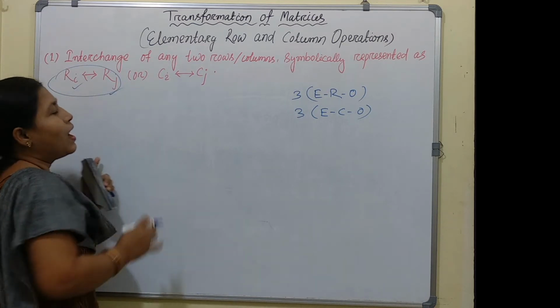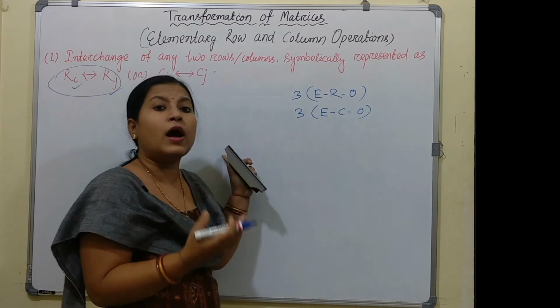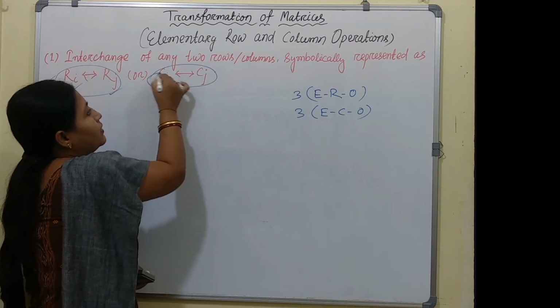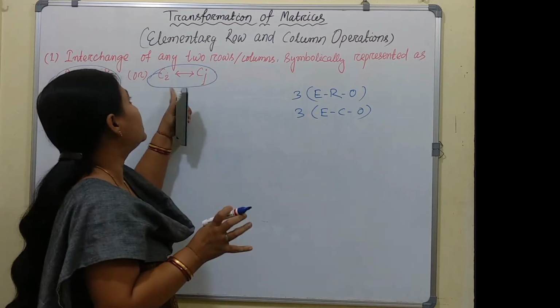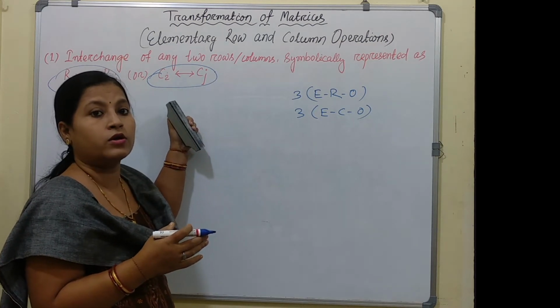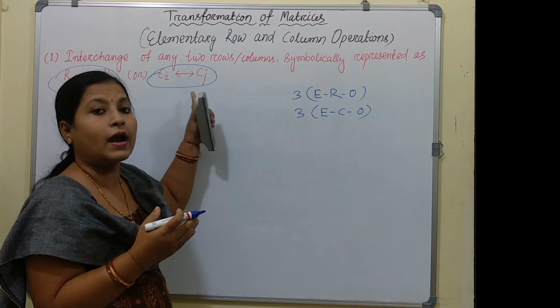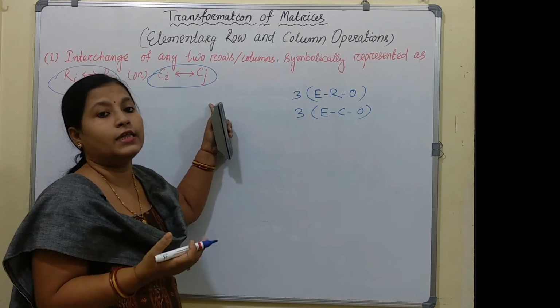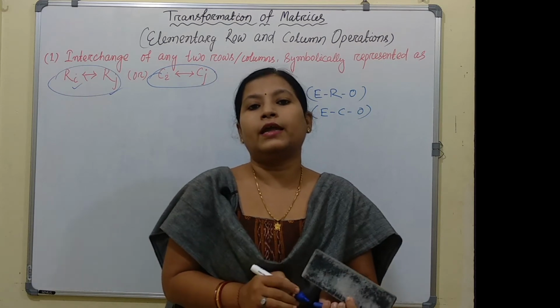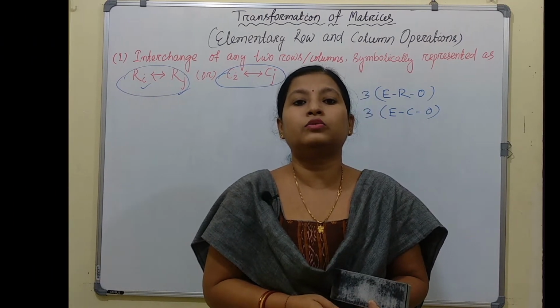I and J stand for the ith row and jth row. Similarly, we can write the column interchange as Ci with Cj, where I is for the ith column and J is for the jth column. So here we can interchange any 2 rows or any 2 columns.